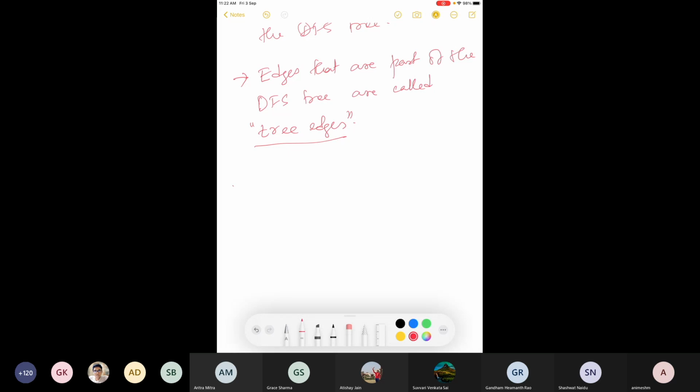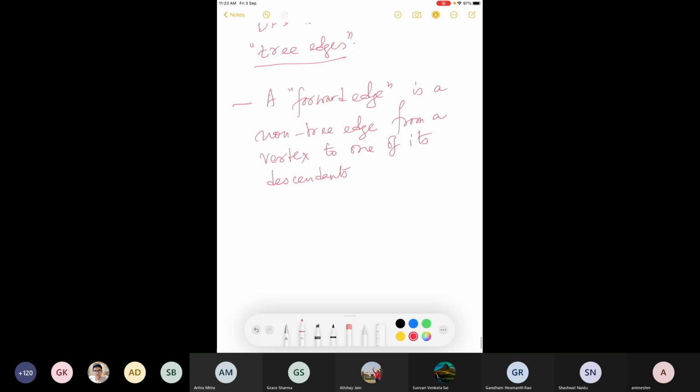A forward edge is a non-tree edge from a vertex to one of its descendants. We will soon see this through an example.